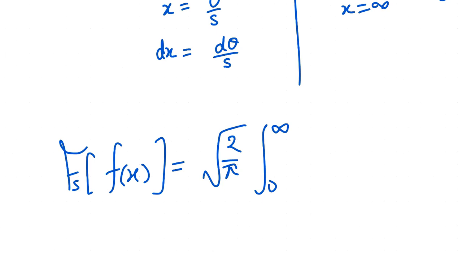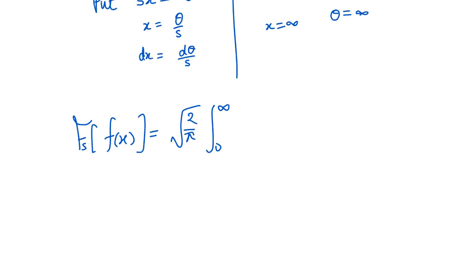Instead of x, we are using theta over s, because we have 1 upon x here also. So we have here 1 upon theta over s, and sine theta, and d theta over s.